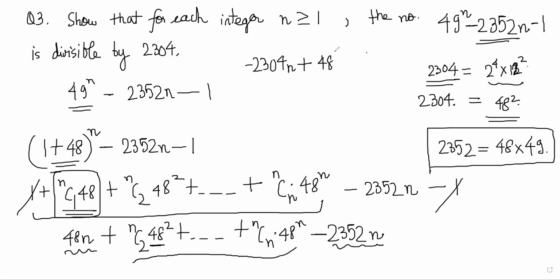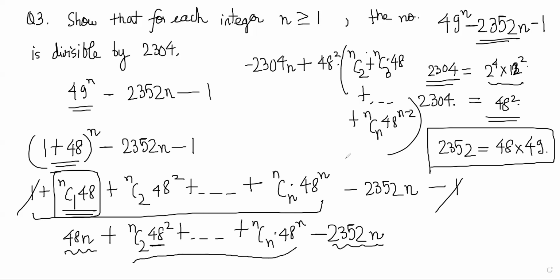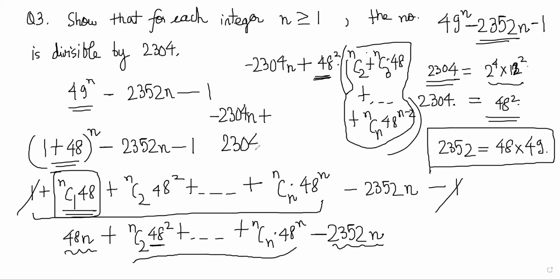You can take 48 square common and you'll get nC2 plus nC3 times 48 and so on till nCn times 48 power n minus 2. So the bracket inside is an integer and 48 square is 2304. So you have minus 2304 n plus 2304 into some integer, right?